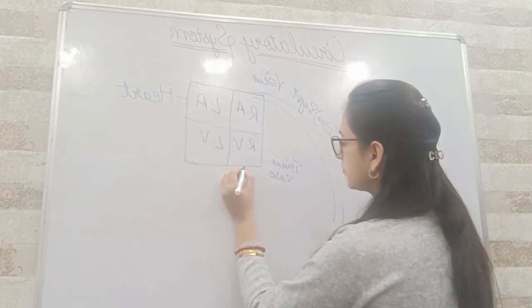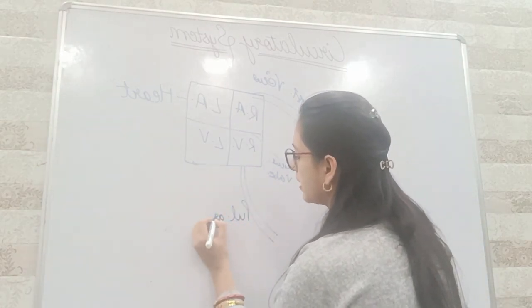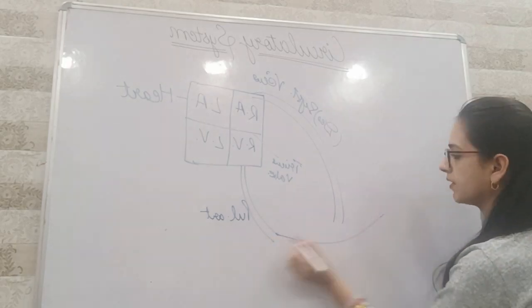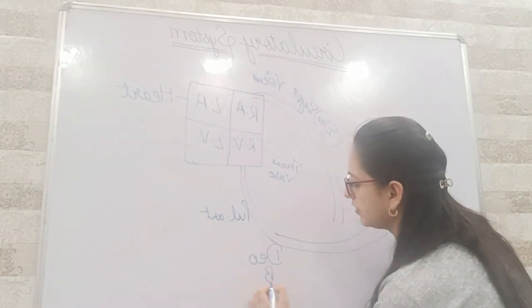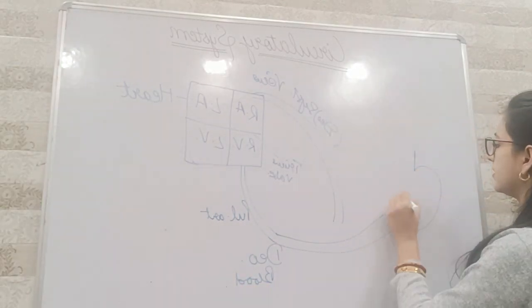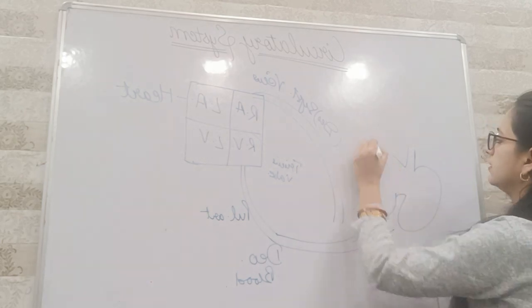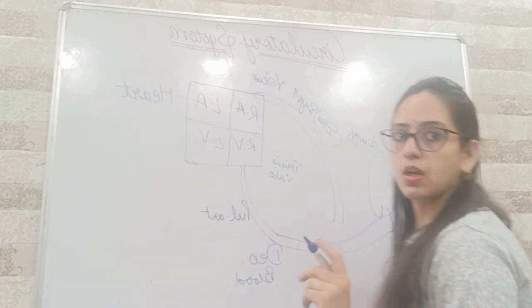Let me first draw the diagram. This is the pulmonary artery which brings deoxygenated blood. Suppose this is our lungs. Now, what happens?